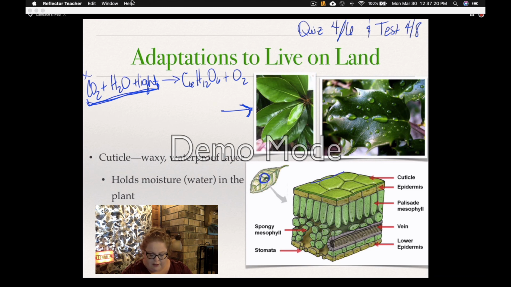So if we look, here's like if we were to just take a punch out of the leaf and blow it up, there's this waxy layer that's on the top surface. And even though you can't see it here, it's also on the bottom surface of the leaf. That's called the cuticle. And so it's waxy and it holds in that moisture. So it's watertight, basically. You can also see that just to visualize it.